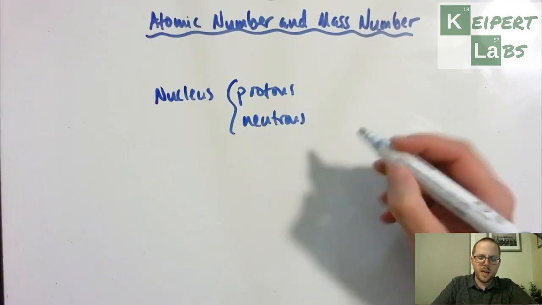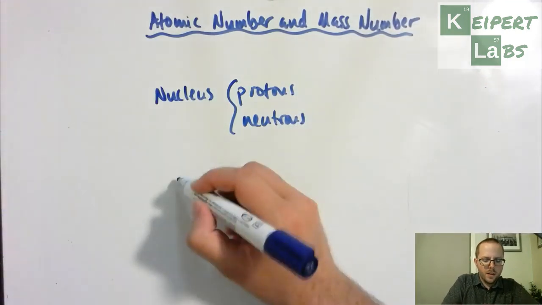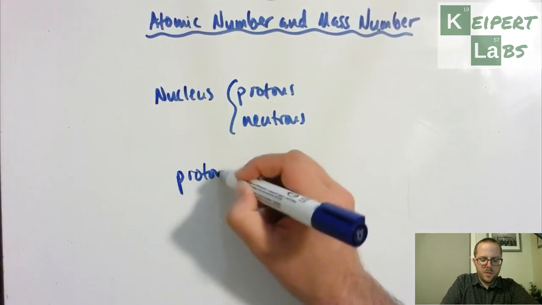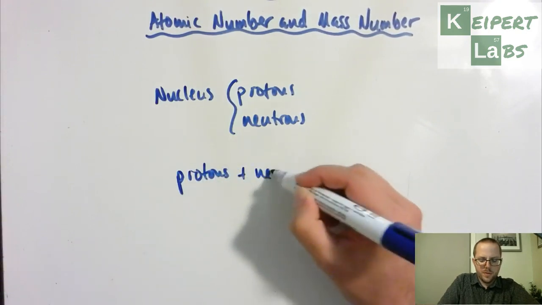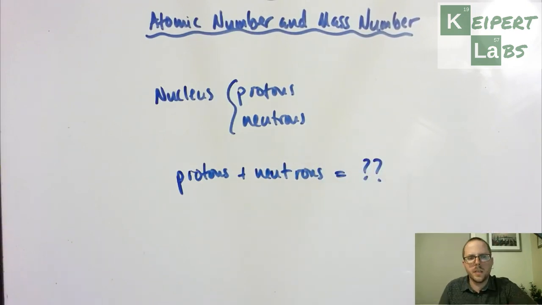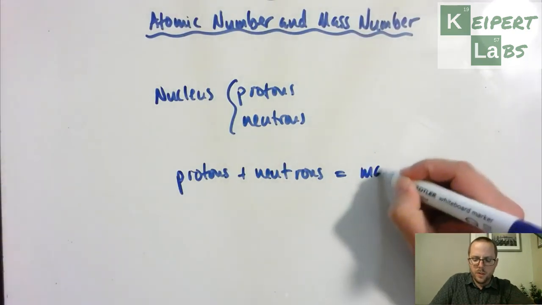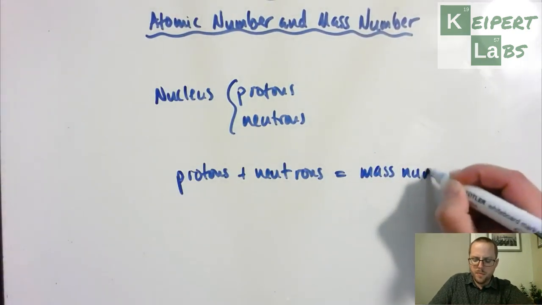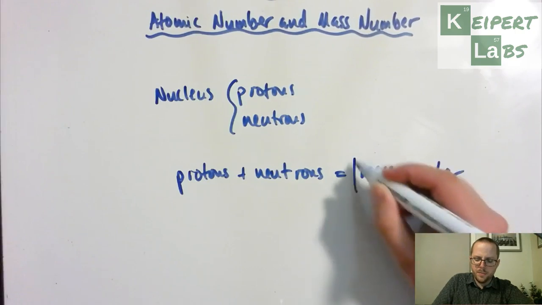And so what we want to know is how many protons plus neutrons there are in our atom, because that's going to help us to calculate the mass of our atom. This gives us a whole number, and we call this our mass number for our atom.